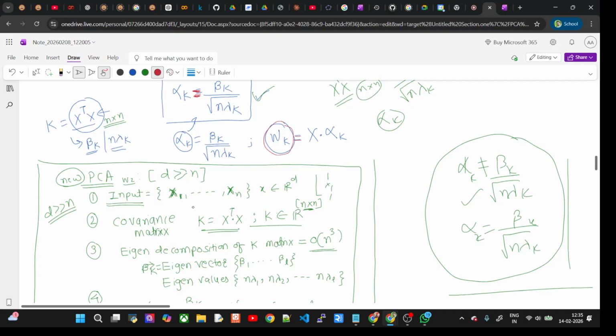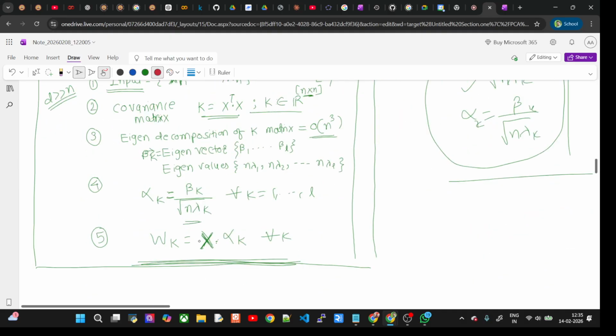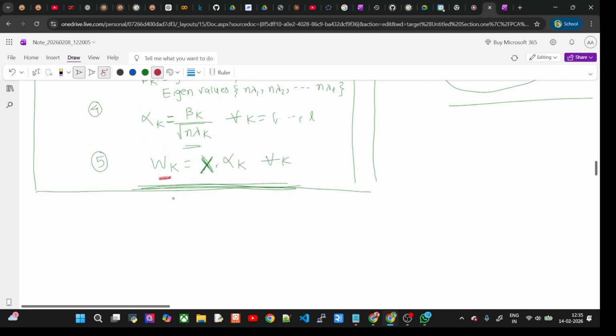Once you get alpha k, you multiply with your data points and you get your wk, which gives the PCA. You can then draw your best line and put all the points on that line, so that the line gives the maximum variance and the minimum summation of projection distance. That's the best line, and that's your PCA done here.